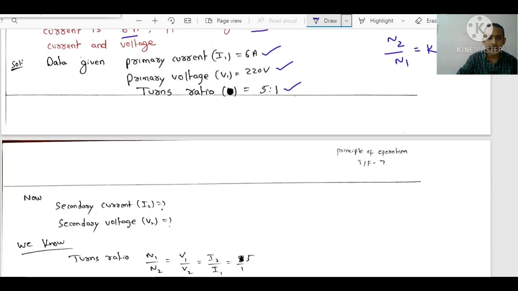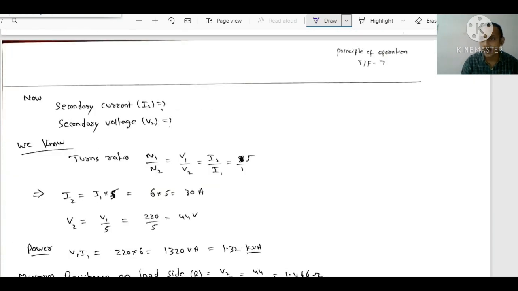Clear? Next, go to the secondary current I2. Secondary current I2, we don't know that. Secondary voltage V2, we don't know that. Turns ratio N1 by N2 equal to V1 by V2 equal to I2 by I1 equal to 5 divided by 1, because he gave you the turns ratio as 5:1.